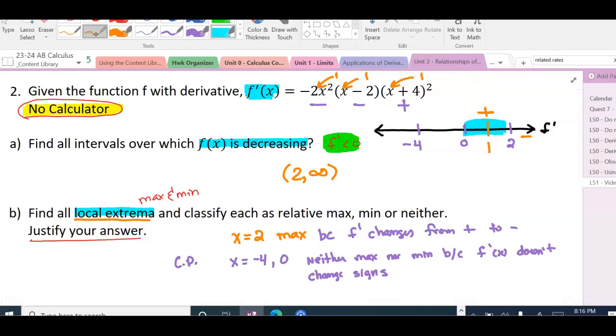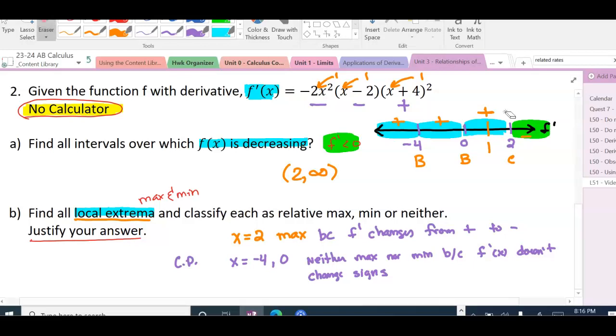Now, if I remembered the bounce behavior, I'm all done, because I can just say, oh, positive, and I cross. This must be negative. And all the other times I bounce, so I'm going to be plus and plus again. All the blue is positive, and the one green is negative.